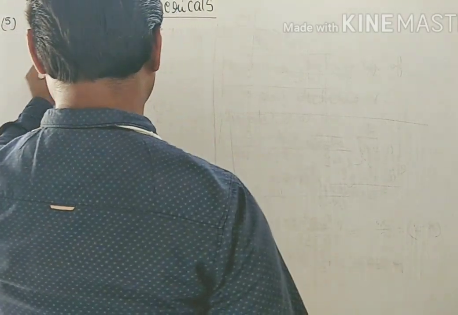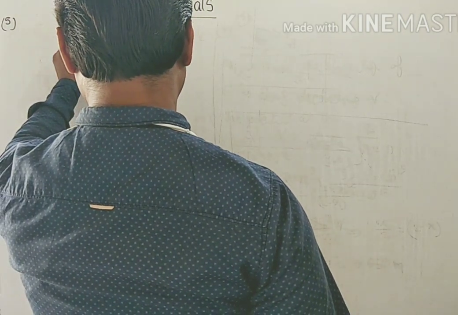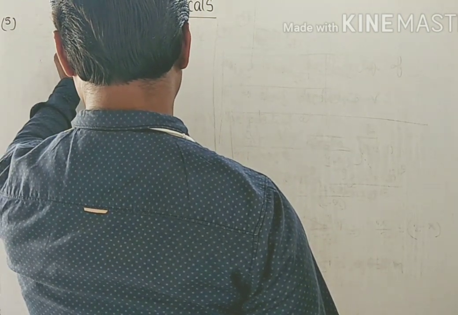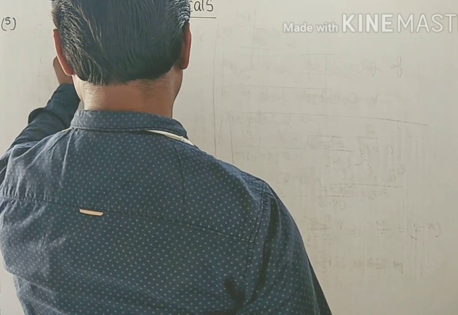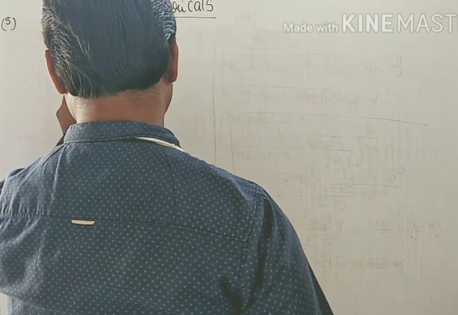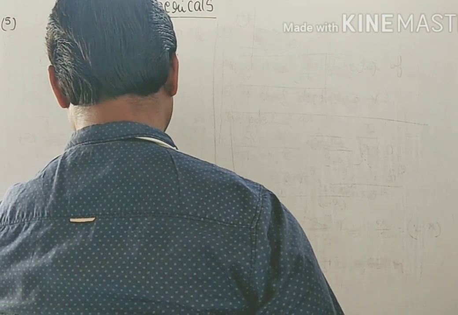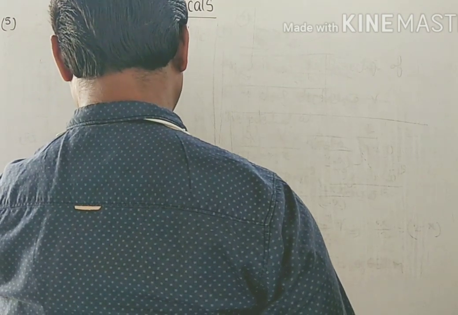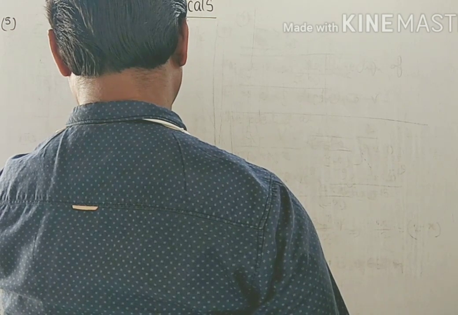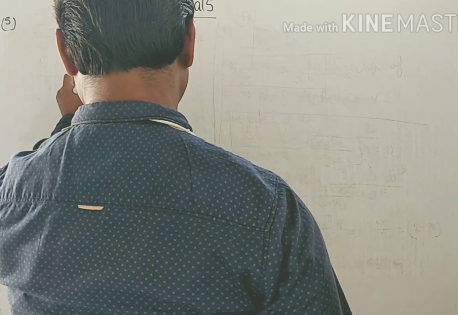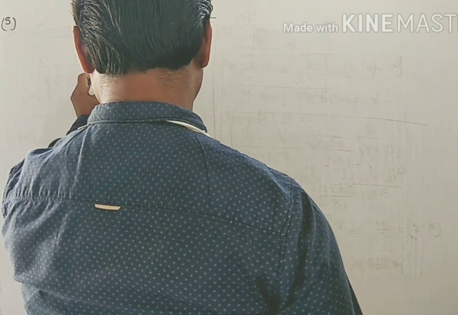The diagram given here is this: this is the test point P, and here we are given an assembly of charges. Here it is minus q charge, here it is plus q charge, and here it is again plus q charge.